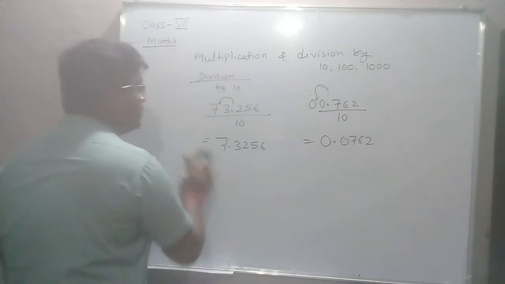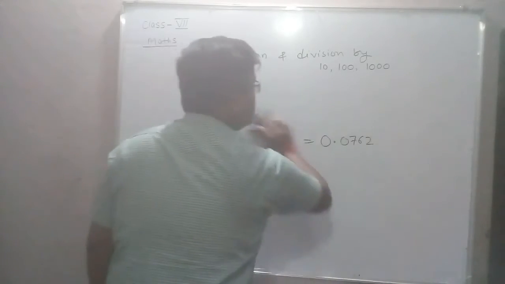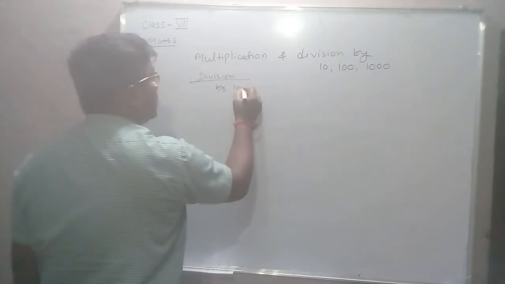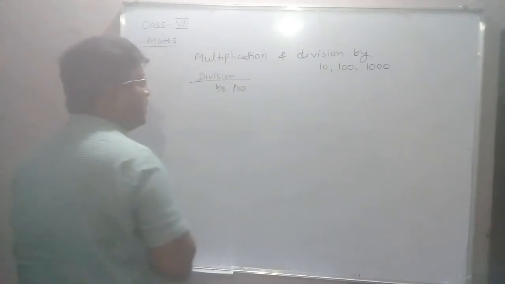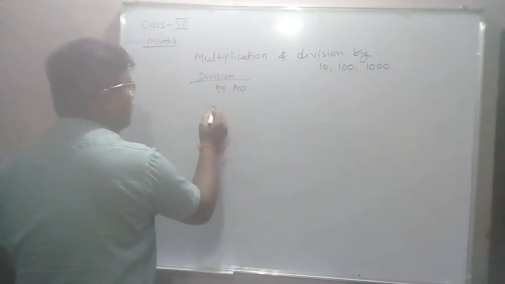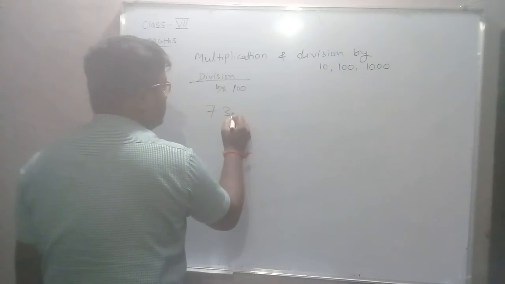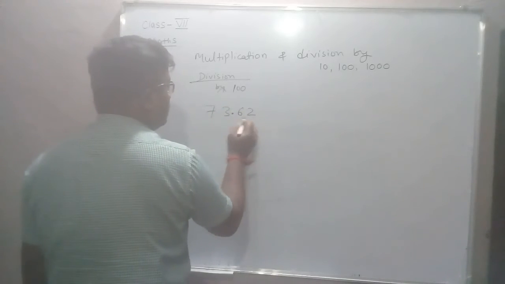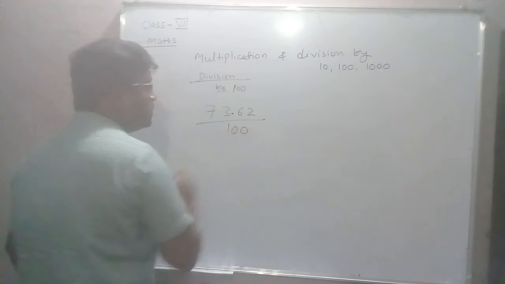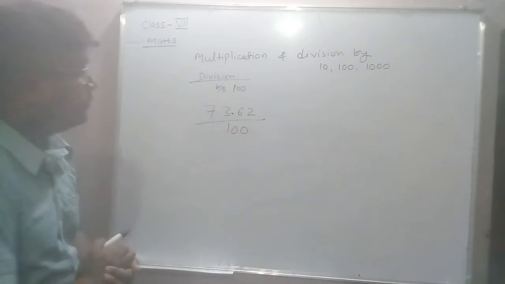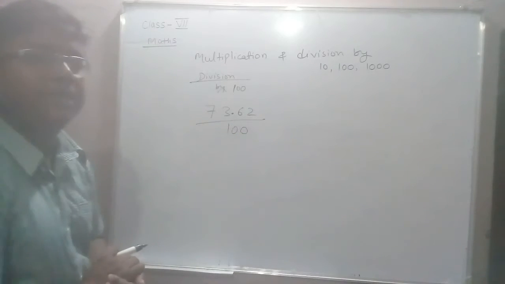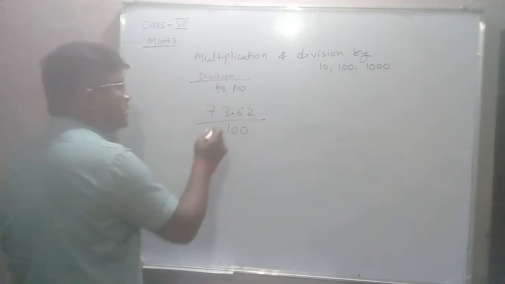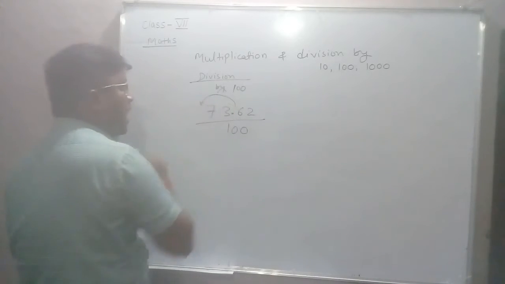Now if you are going to divide by 100, say 73.62 divided by 100, we will just shift the decimal towards the left. How many digits?